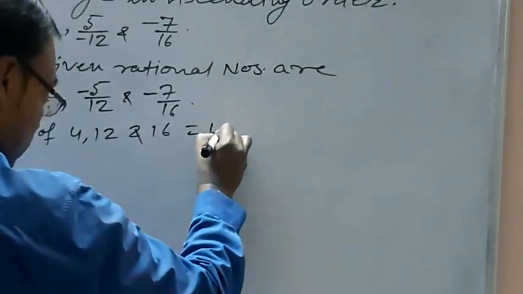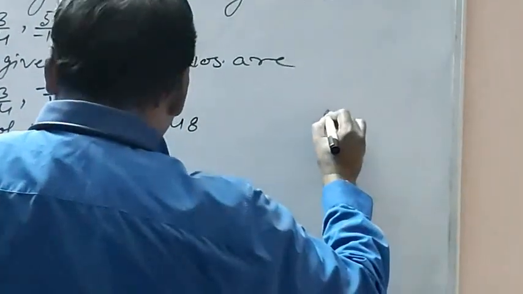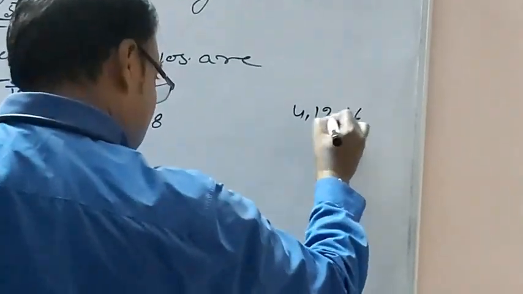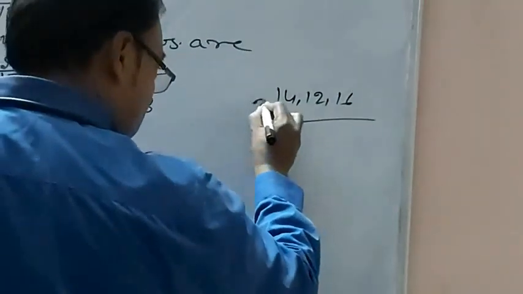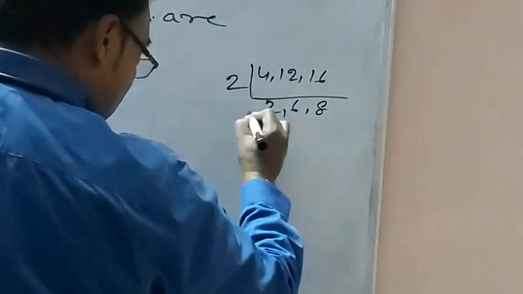You can find out the LCM. 4, 12, 16: divide by 2, we get 2, 6, 8.